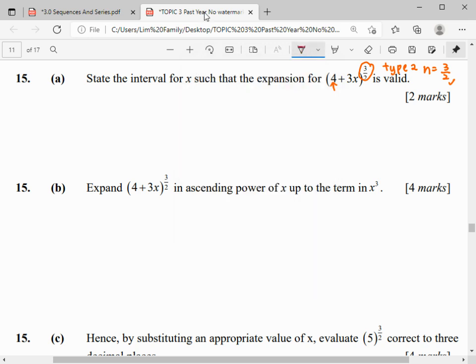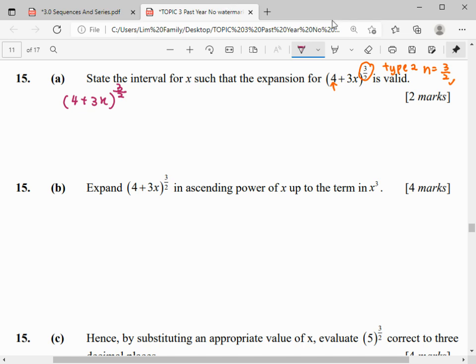Okay, so we write our title here. Our title is 4 plus 3x, power of 3 over 2. If I want to get 1 at the starting here, I have to factorize out 4. So we continue.